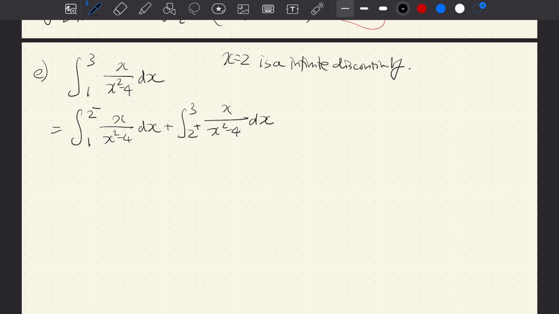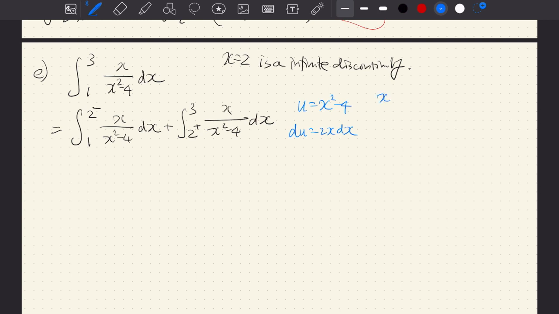For this integrand, it should be obvious that you can use u substitution. If you use u equals x squared minus 4, then du is equal to 2x dx. And because we're doing definite or improper integrals, we have to see where the limits of integration go after the u substitution.